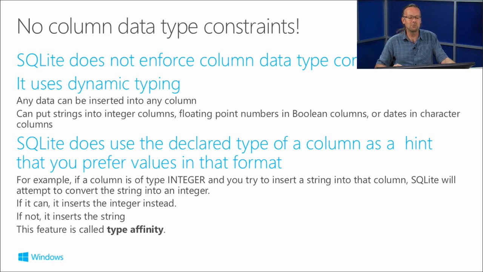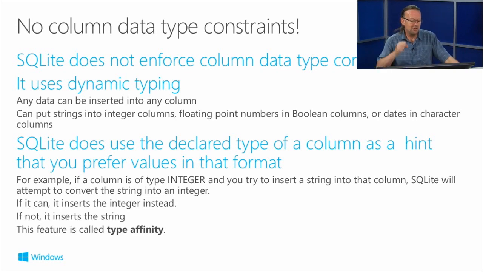And SQLite will go, really? You want me to do that? It will try its best to convert what you give it into the appropriate format for the column type that you've declared. But if it can't do it, it just goes, huh, okay, whatever.